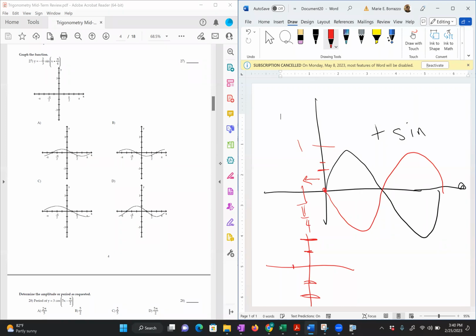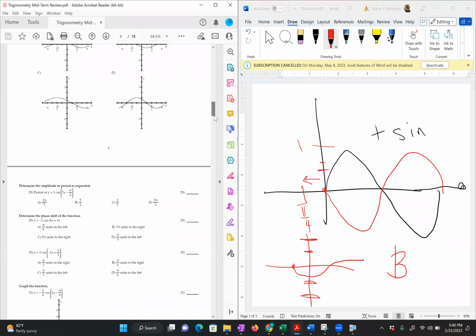Here we're at negative pi over 4. We're going to go through this point here and sort of snake as such, which is answer choice B by far. We know for sure it's not answer choice A or D, because A or D look like a regular graph.